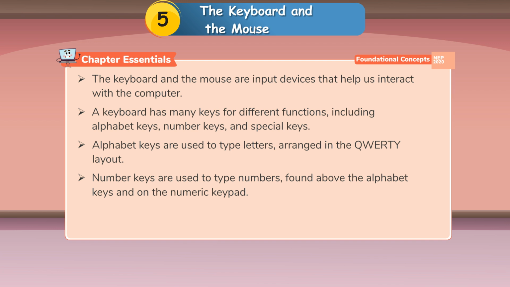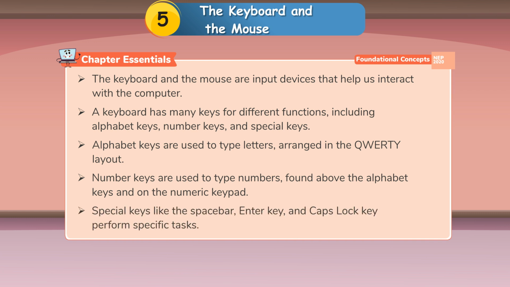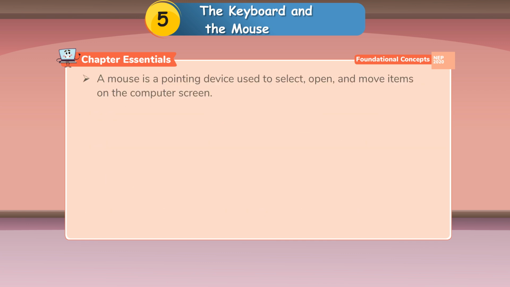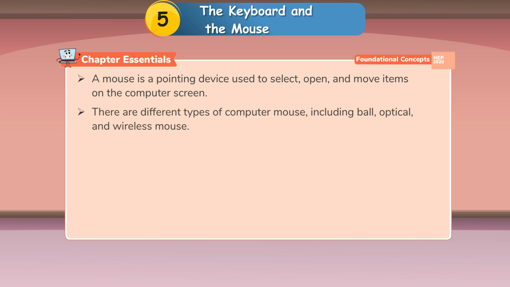Number keys are used to type numbers found above the alphabet keys and on the numeric keypad. Special keys like the spacebar, enter key, and caps lock key perform specific tasks. A mouse is a pointing device used to select, open, and move items on the computer screen. There are different types of computer mouse, including ball, optical, and wireless mouse.